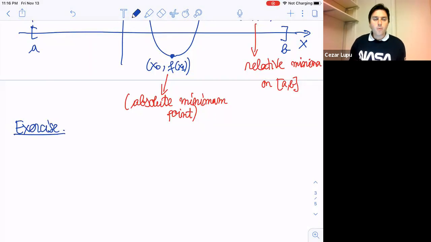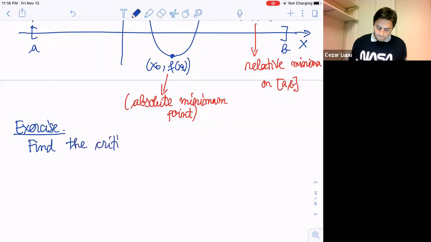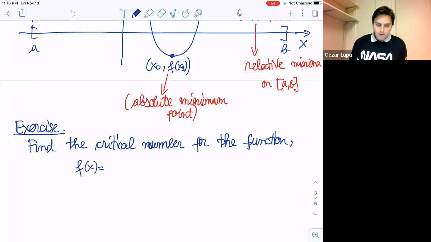So now what we would like to see is to find the critical numbers for the function f of x equals 4x cubed minus 5x squared minus 8x plus 20.